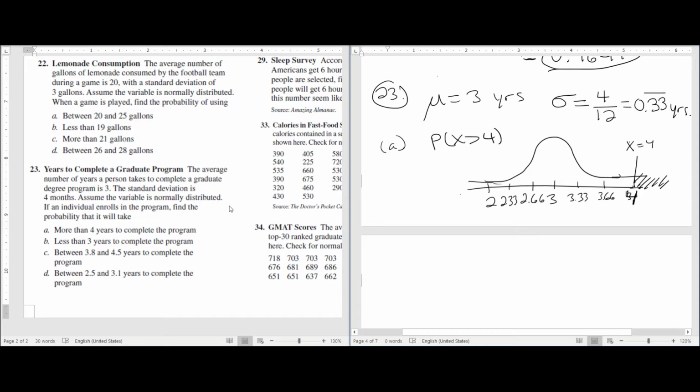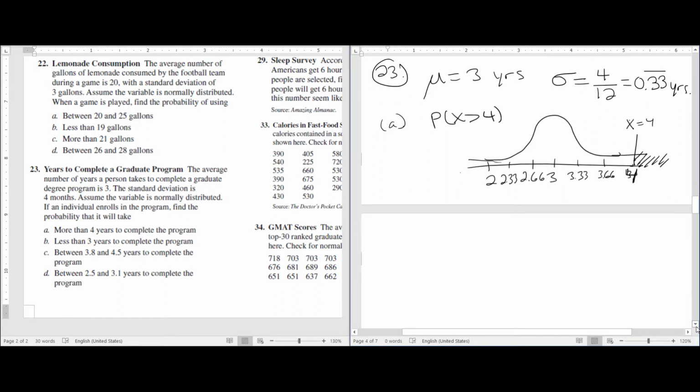All right, so we have to convert that to a z-score. Z is 4 minus mu over sigma, which is 0.33, or 1/3. So this is 1 over 1/3. That's the same thing as 3. So my z-score is 3, which we can tell because it's going 1, 2, 3. So that does make sense.